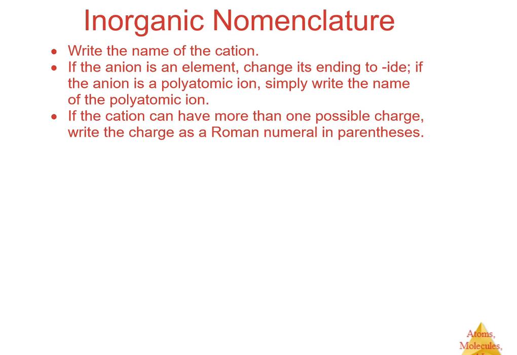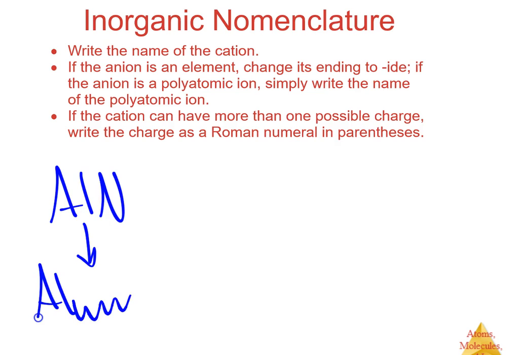It says write the name of the cation. So that's your metal. So I'll just do a simple one here. If you had AlN, the name of the cation is just aluminum. All right? And then, if the anion is an element, just write it ending in -ide.